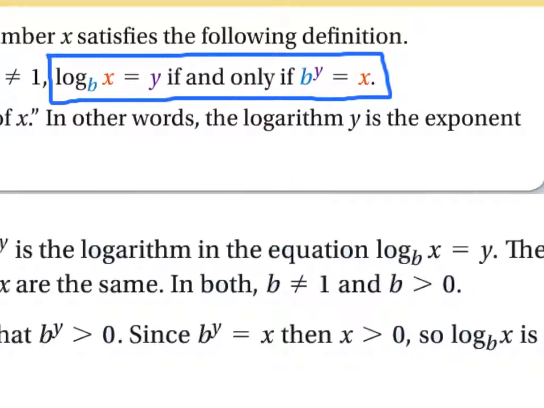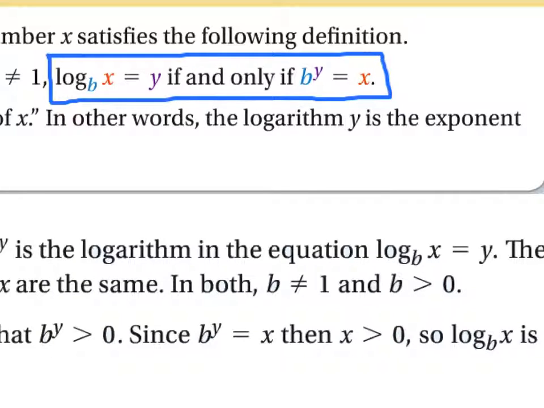That's what we're going to use to go back and forth between exponential form and logarithmic form. Now, of course, this one is exponential form because it has things written with exponents. This one is logarithmic form. How do I know? Because it has log in it, right?